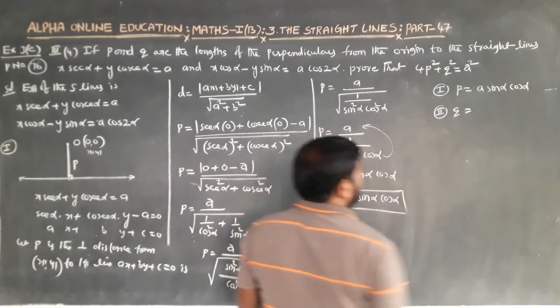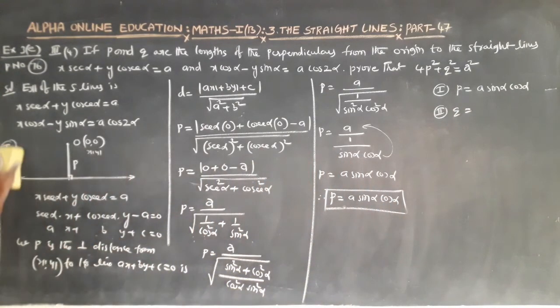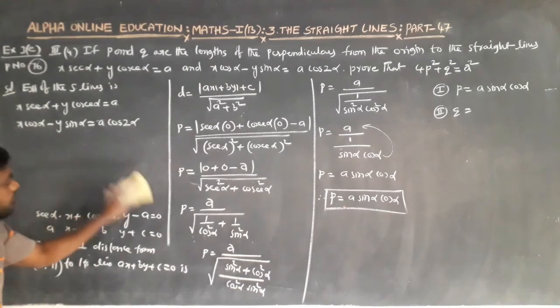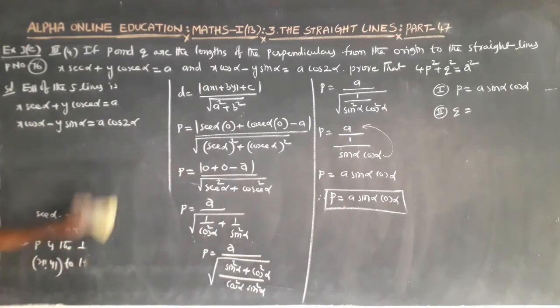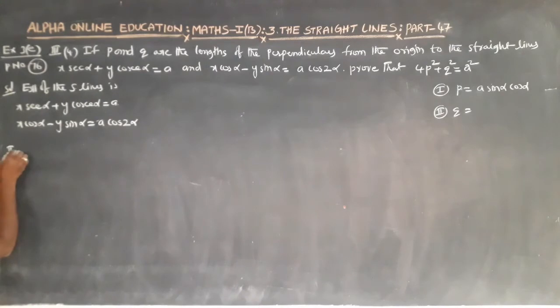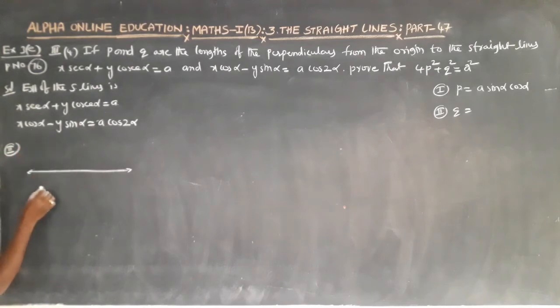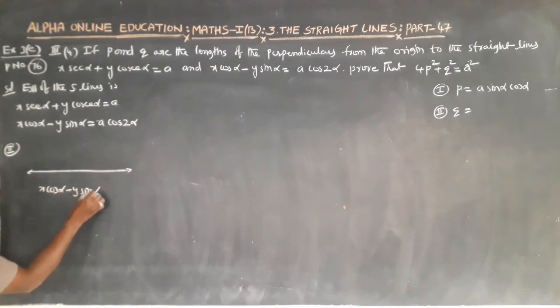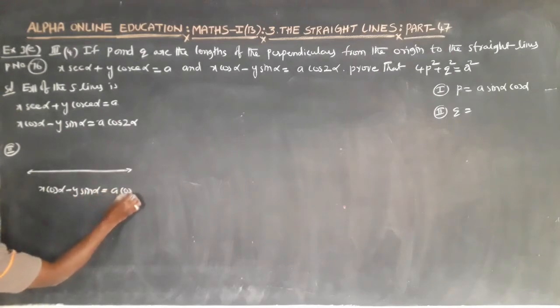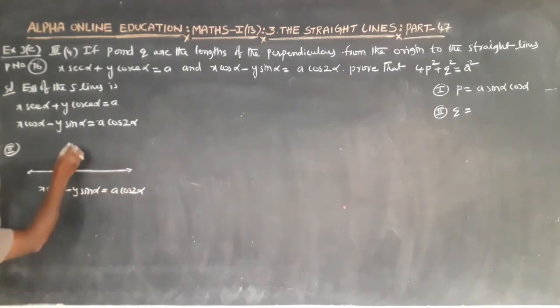Second, find the perpendicular distance from origin to the second line. This is the equation of the straight line: x cos alpha minus y sin alpha equal to a cos 2 alpha.